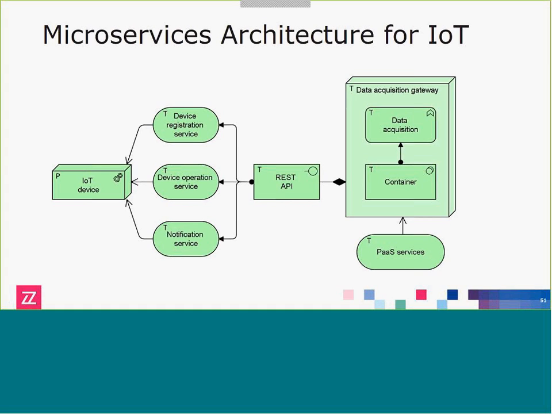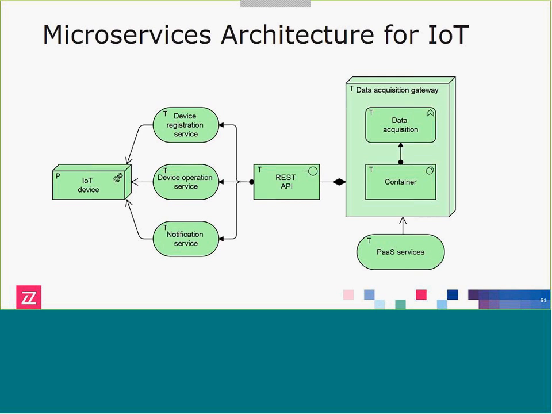The REST API offers different services where these devices can, for example, register themselves and then feed in data. And this runs on a platform as a service solution. It's not modeled in detail here, but that's the typical kind of architecture you see nowadays. And this is just a high-level picture, just for explanatory purposes. If you model an architecture like this, you will probably get into more detail. But this shows you how this would be connected.